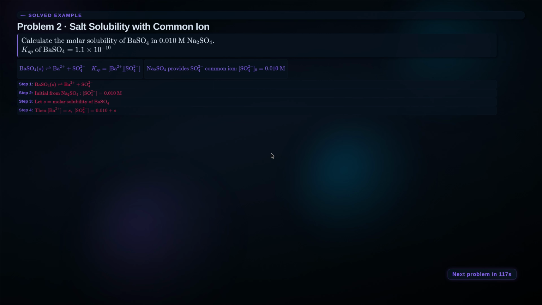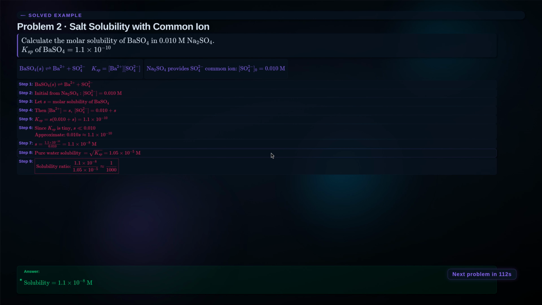Problem 2. Calculate the molar solubility of BaSO4 in 0.010 molar Na2SO4. Ksp of BaSO4 equals 1.1 times 10 to the negative 10. Step 1. BaSO4 solid yields Ba2+ plus SO4 2-.